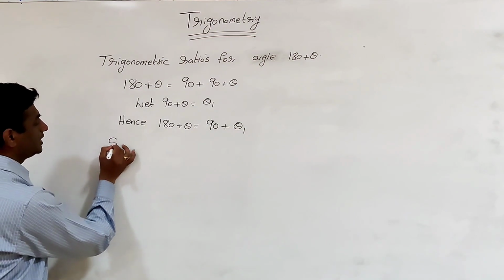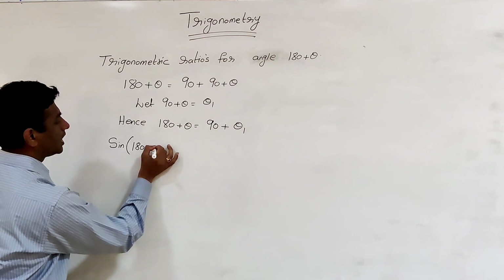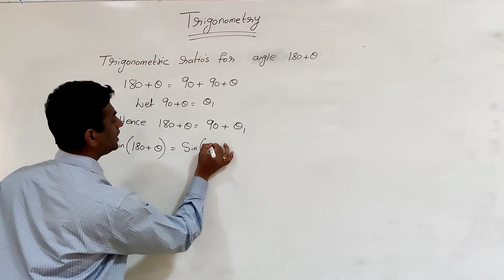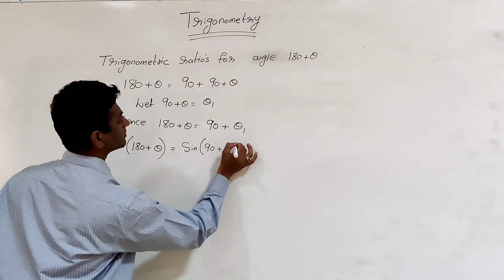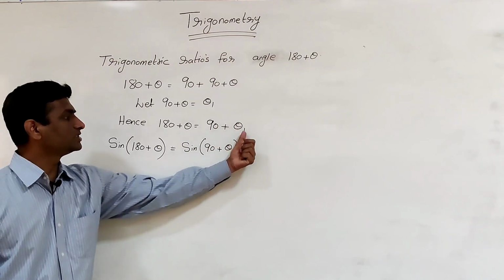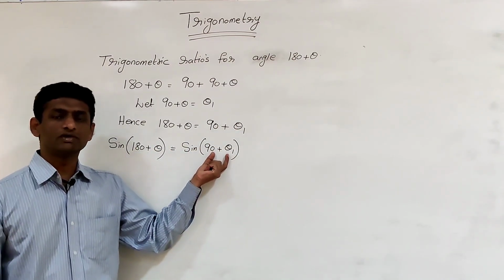Now sine of 180 plus theta is the same as sine of 90 plus theta 1. In the place of 180 plus theta, we can replace 90 plus theta 1.